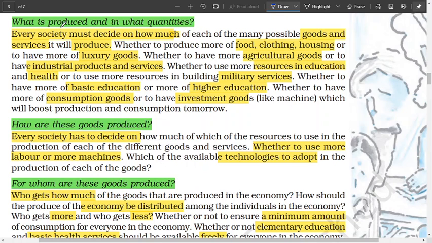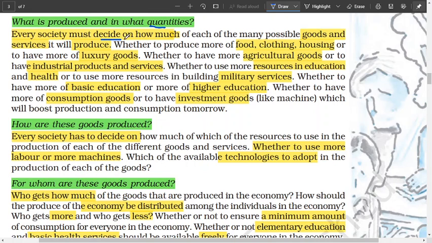They must decide first what are the goods that the economy needs. And after they know that they need rice, oil, soap, vegetables of many types, they also need to know how many quantities, how many tons, how many quintals, how many liters of oil, and so on and so forth.